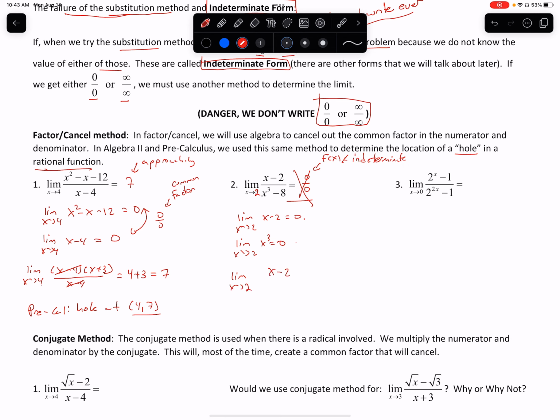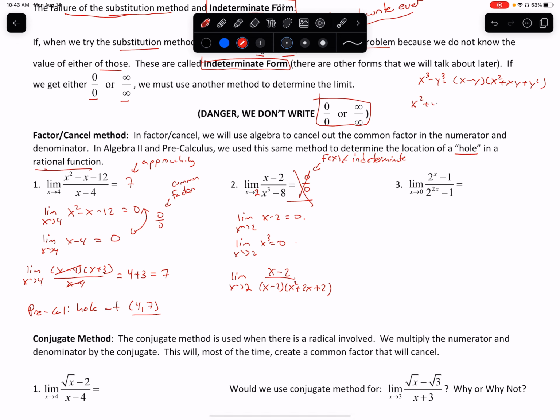The bottom is a difference of cubes. X minus 2, x squared plus 2x plus 2, sorry about that. So if you need help, here they are, cubes. X cubed minus y cubed becomes x minus y, x squared plus xy plus y squared.